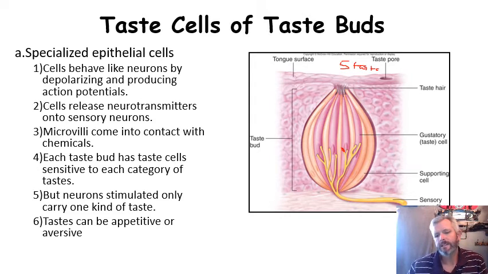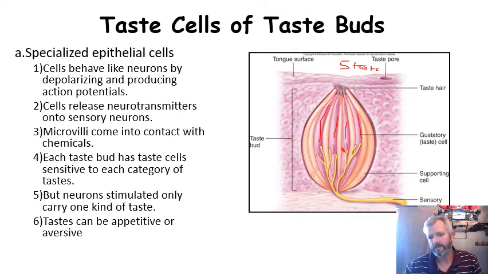But see how this is one neuron here, and it's connected to these cells here. These cells would all be of the same taste. They would only respond to, say, sweet. They would have the receptors for sweet on them.